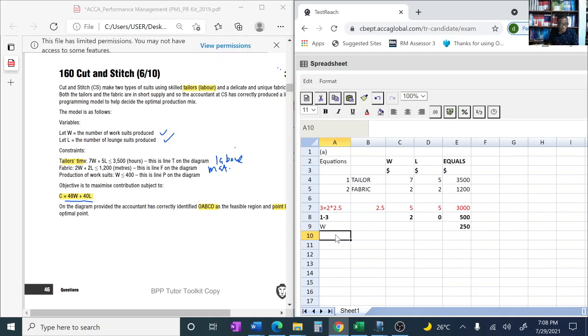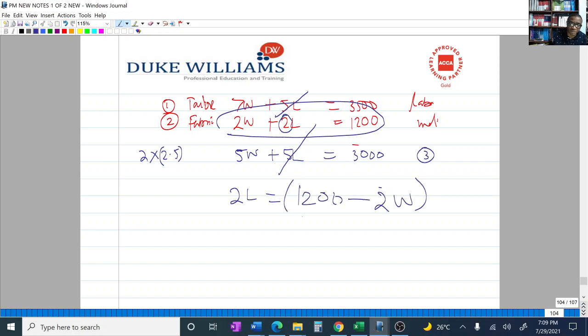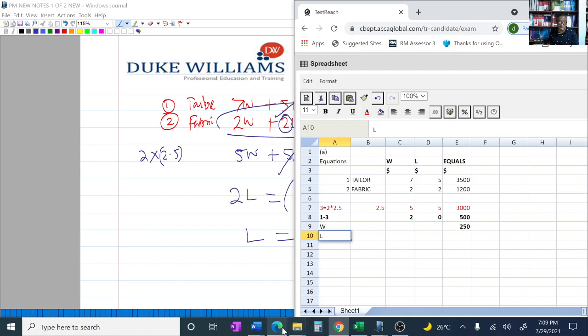So yes, the L. Now that I have the W, going back to the basics, just from this equation, I could figure out the L from here by saying that I have 2L equal to 1200 take away 2W. So then my L is simply 1200 take away 2 multiplied by W, all divided by 2. Beautiful. So then this is the equation I'm going to use to find my L, and that shouldn't be an issue at all.